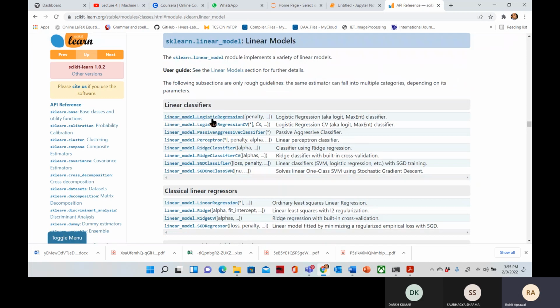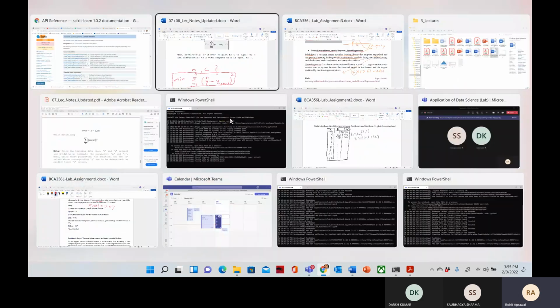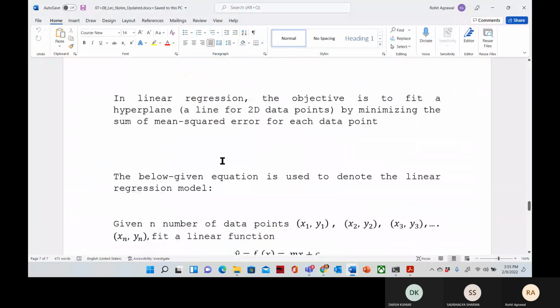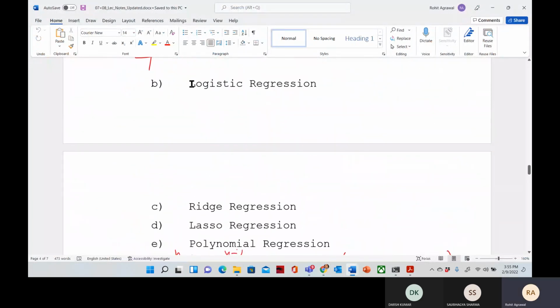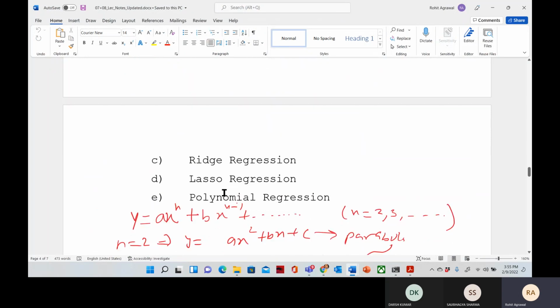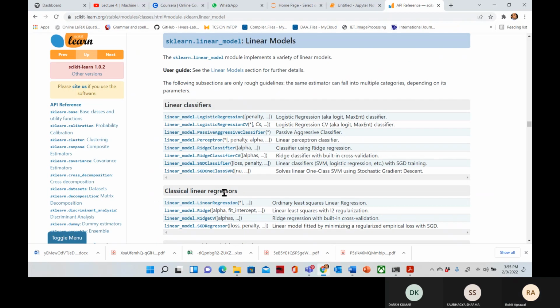Where in this we are having, if you remember from the class, just a minute. If you remember the logistic regression, I told you ridge regression, lasso, polynomial. See here, logistic regression is there. Ridge classifier is there. Can you see this?